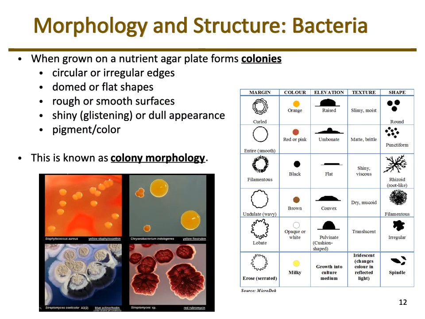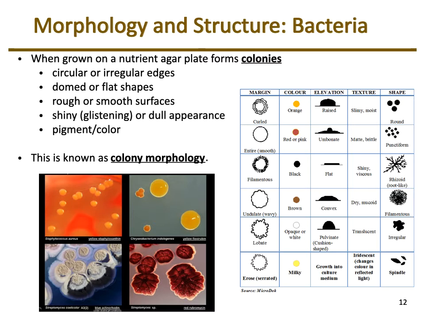Looking at bacteria, when it grows on a nutrient agar plate, it forms colonies. In that colony, you would have thousands of cells present. Looking at the colony, you can look at different characteristics of it. You can look at the edges or margins, and see whether they're circular, irregular, or lobulated.